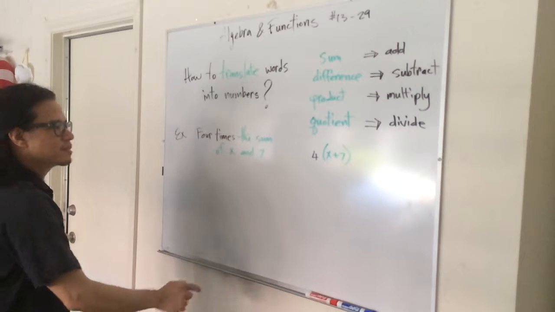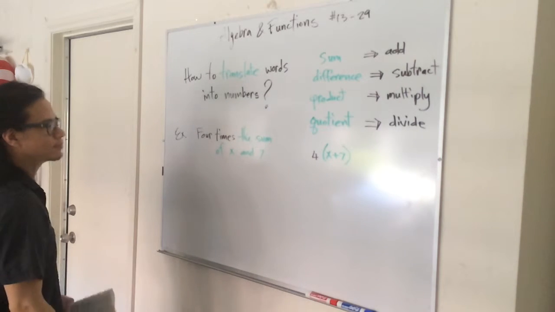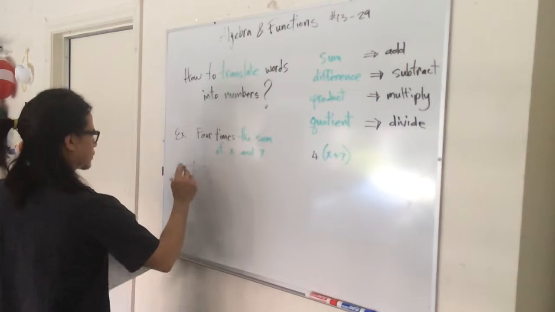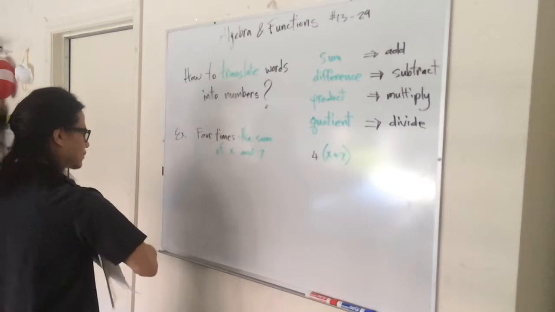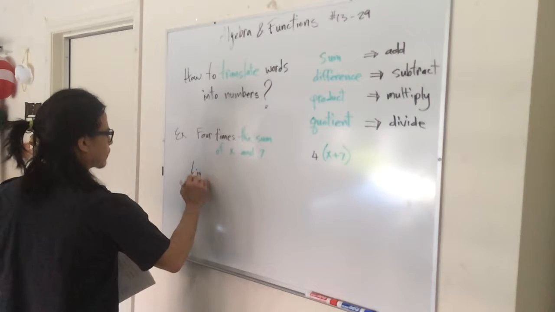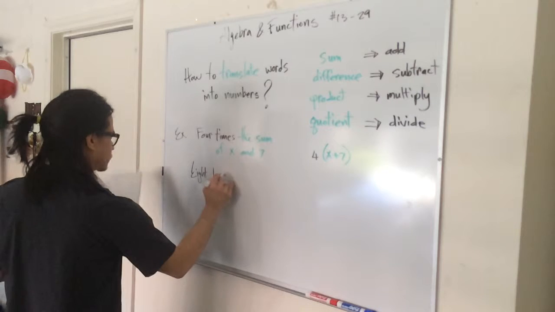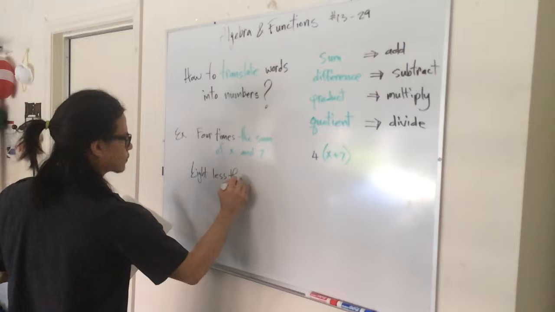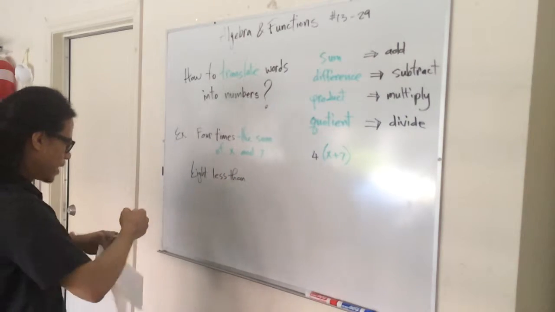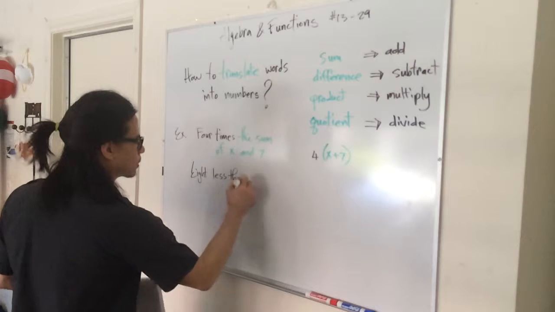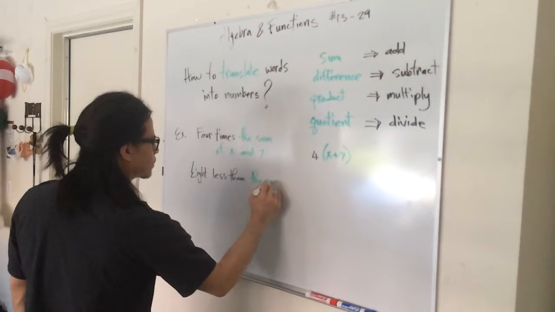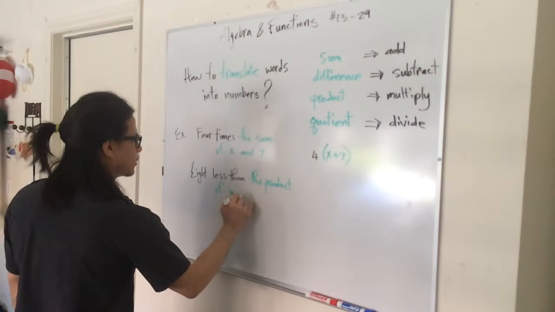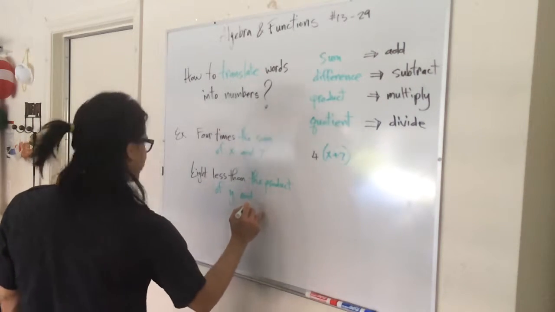Okay, x plus 7 times 4. 8 less than the product of y and 5.